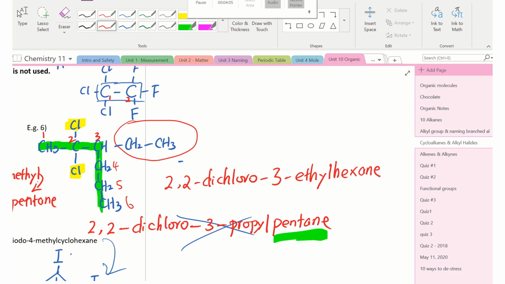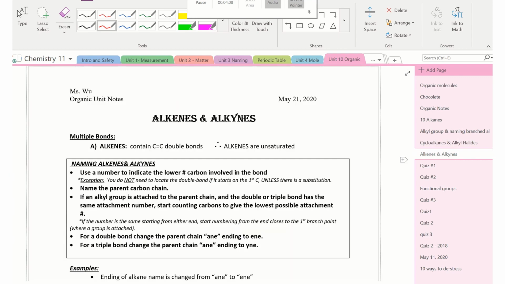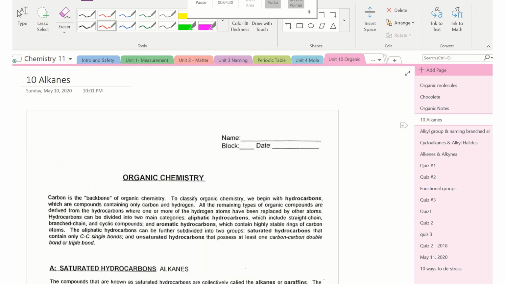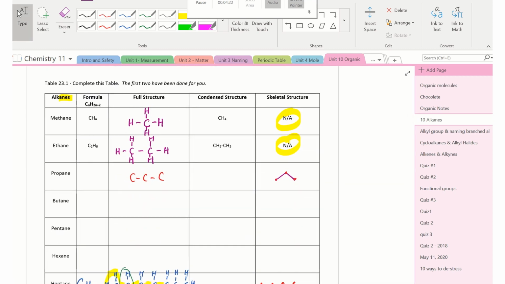And now we are moving on to the last topic of today. We've been dealing with alkanes. Alkanes means these guys, right? The 10 alkanes end in ane.